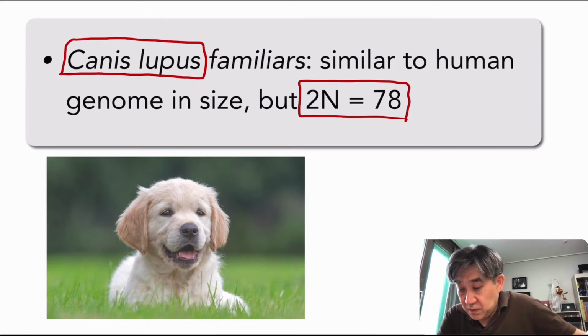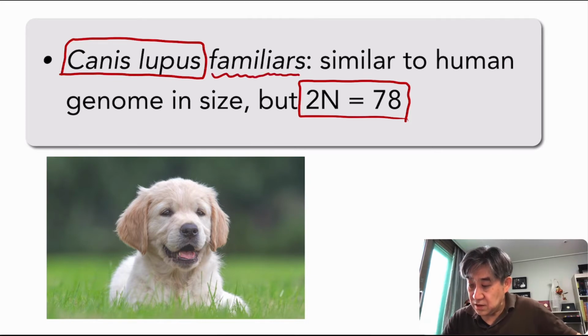But this Canis lupus cannot be distinguished from its ancestral form, the wild wolf. The gray wolf is actually considered to be an ancestral form of all the modern day different breeds of dogs. So to make a little bit of a distinction, in the case of dogs, this is called a subspecies name.